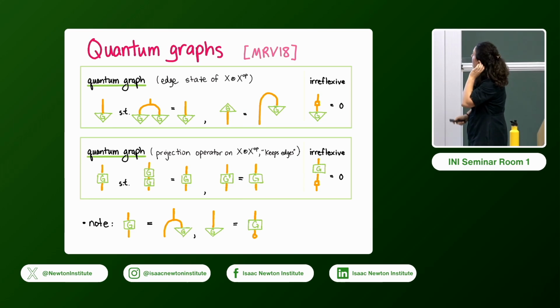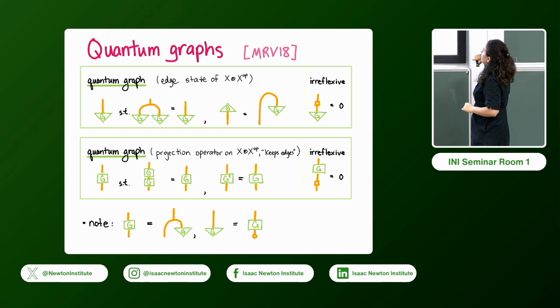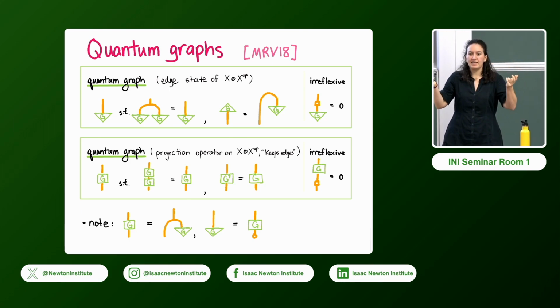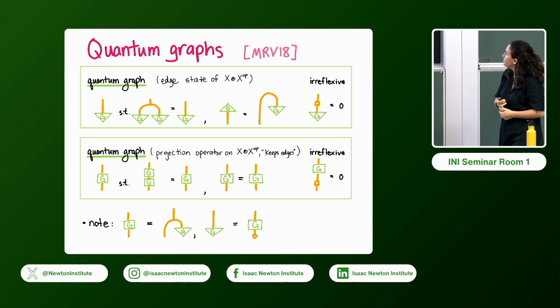Okay. And then if you also want irreflexive, you should say that if you take your edges and you project onto the diagonal, whatever that means, then you get 0. Okay.